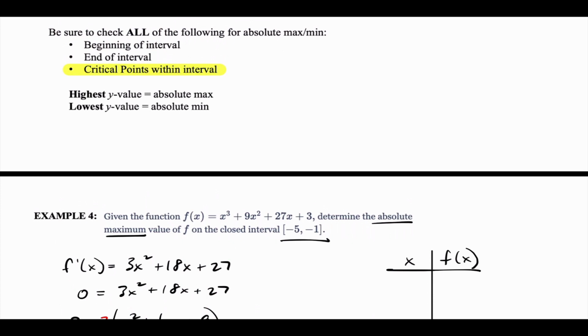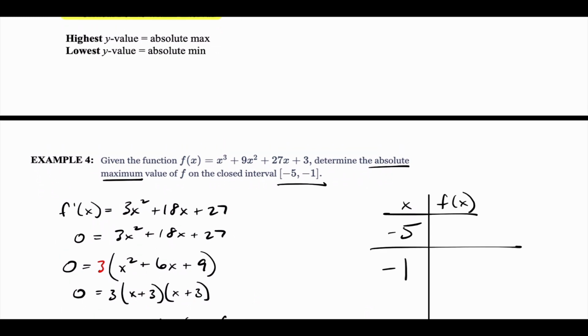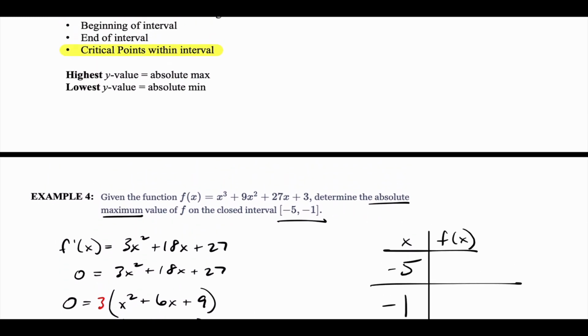The beginning of the interval. So where was the beginning of this interval? So I'm going to choose -5. The end of the interval. Where is the end of the interval? -1. And then any critical points within the interval.